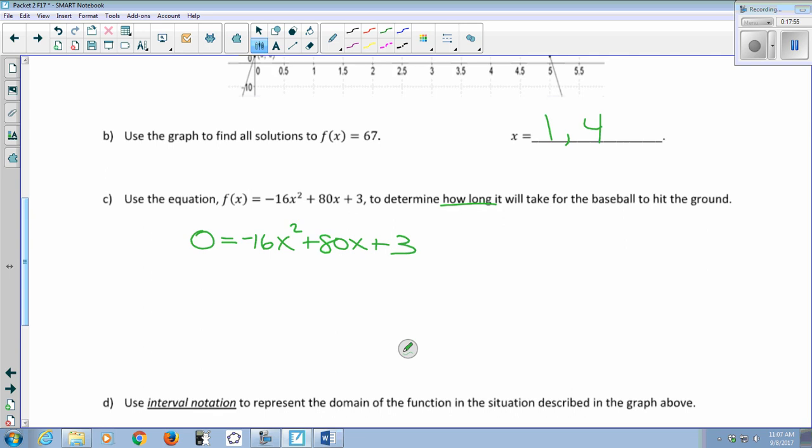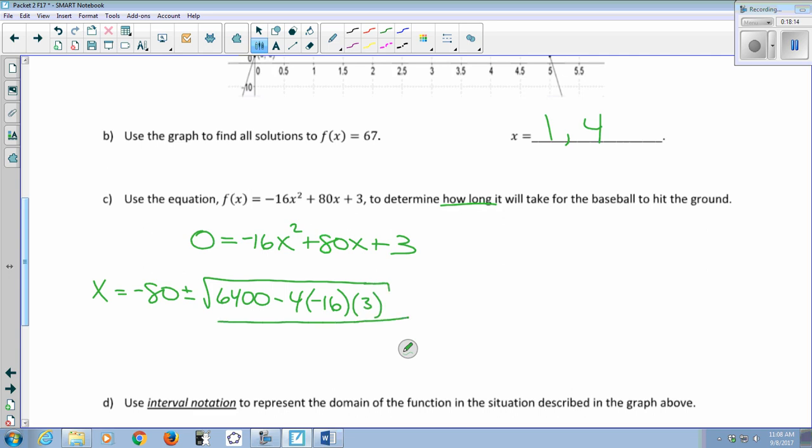And again, I could try to factor it, or I could try to quadratic formula it, and I think I'll do the quadratic formula. So x is negative b plus or minus the square root of b squared minus 4 times a times c, all over 2a.